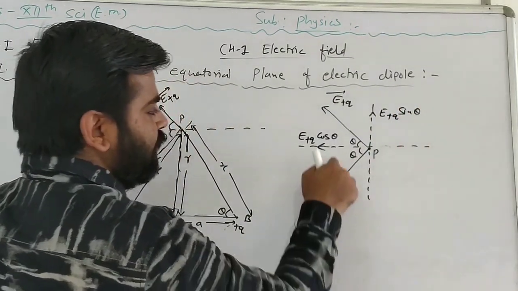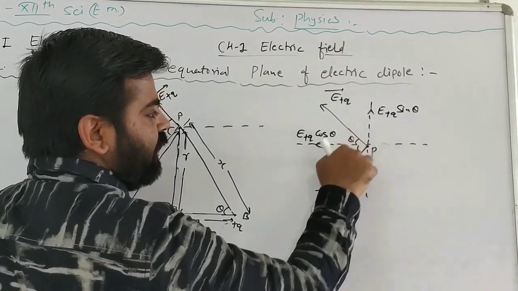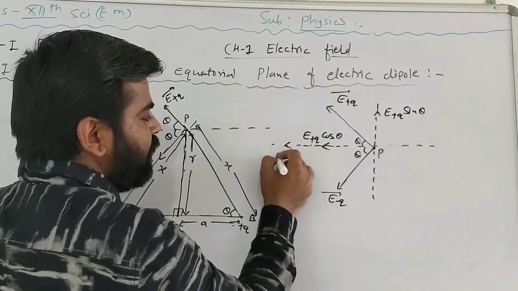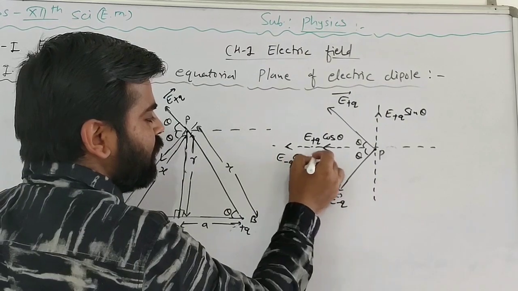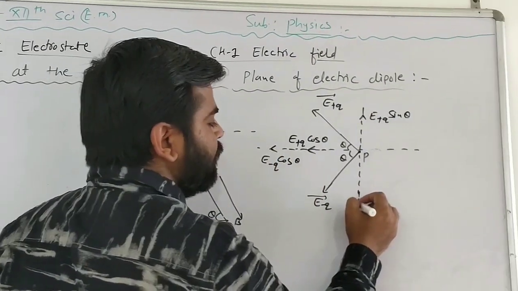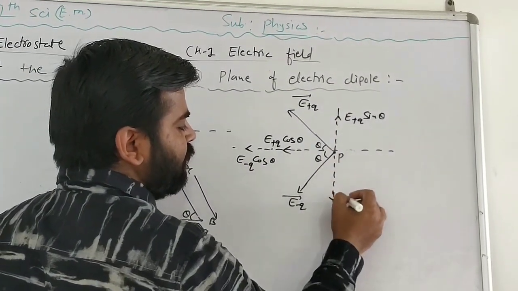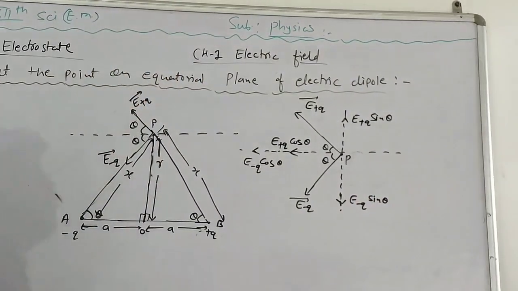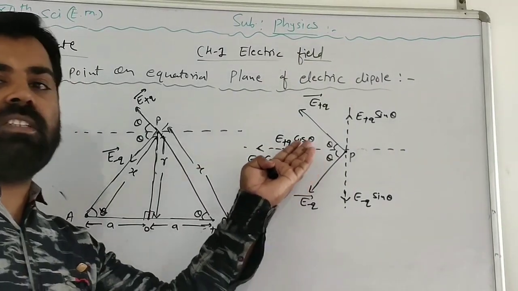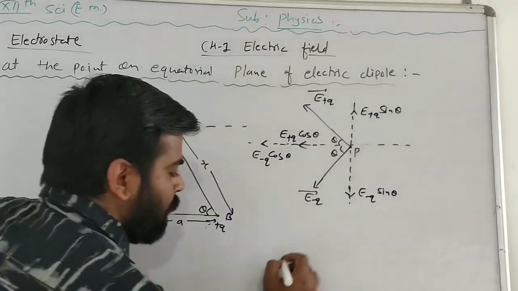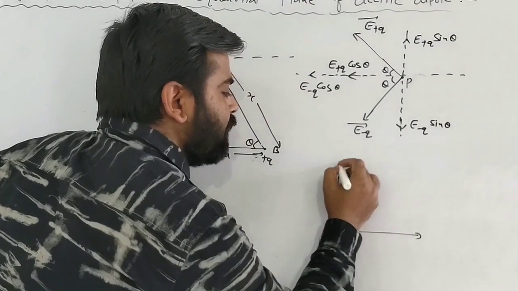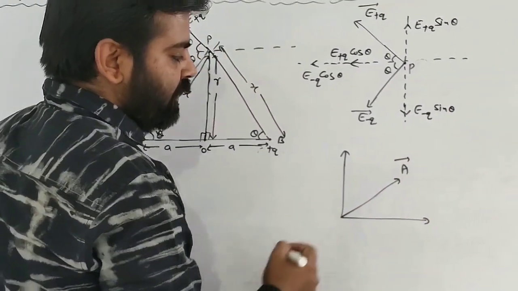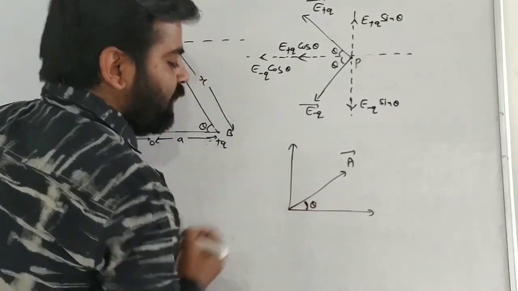In the same way, the horizontal component for the vector making theta angle is E minus Q cos theta, and its vertical component is drawn as E minus Q sin theta. For resolving into components, in 11th class, as I have discussed, this is a vector which makes theta angle from the horizontal.